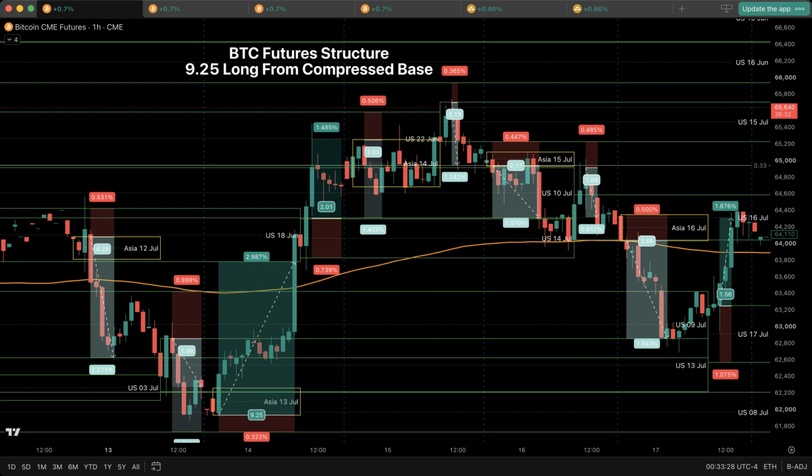When a session forms compressed inside old memory, we do not guess. We wait. If price loses the lower boundary, the long is not ready. If price holds the lower boundary, the long can start. If price breaks the upper line and holds, distance can open fast. After July 13th Asia session forms, price moves higher. It breaks above July 13th US session upper boundary.